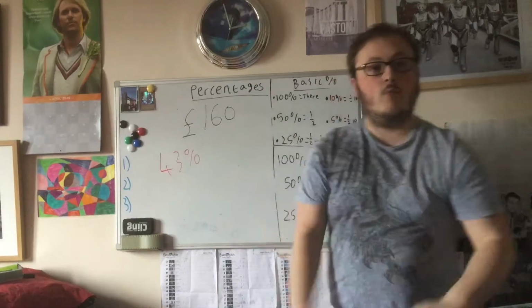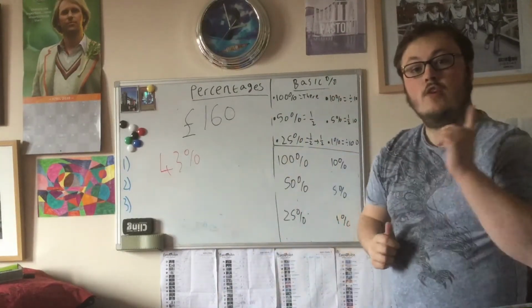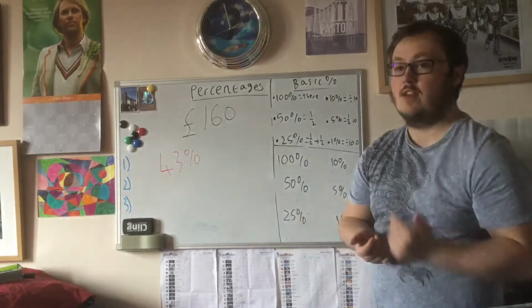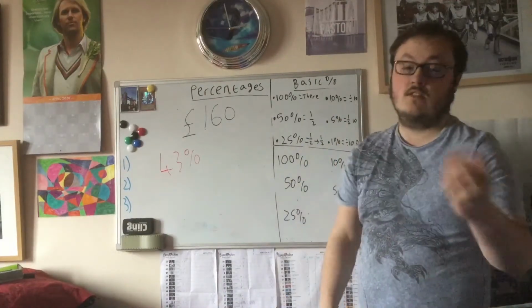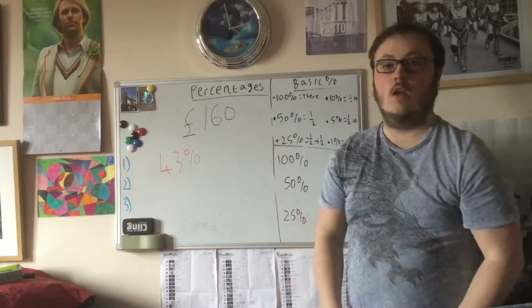So I want to find what 43% of £160 is. The good thing about this is there are loads of different ways of finding 43%. We could do 10% and 10% and 10% and 10%, and that's a bit too long. We could do 25% and 10% and 5%, that's a bit too long as well.